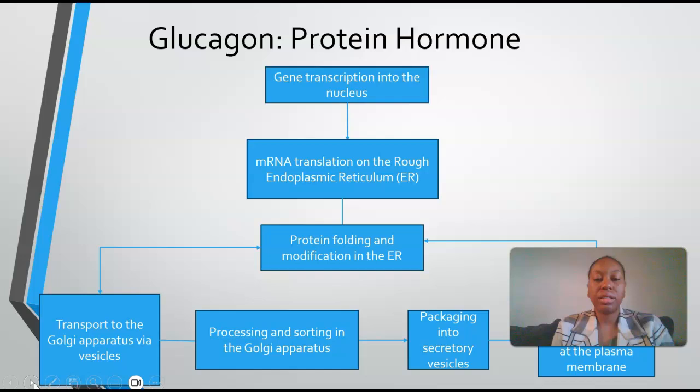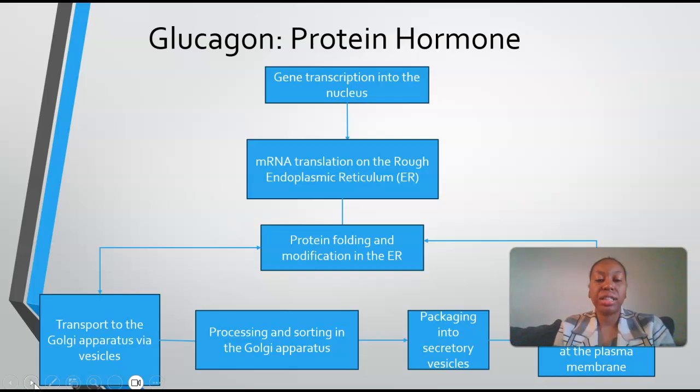Additionally, glucagon activates phospholipase C, also known as PLC, increasing IP3 and mobilizing calcium ions to enhance gene expression. As depicted in the flow chart, a gene encoding glucagon resides in the DNA of the nucleus.